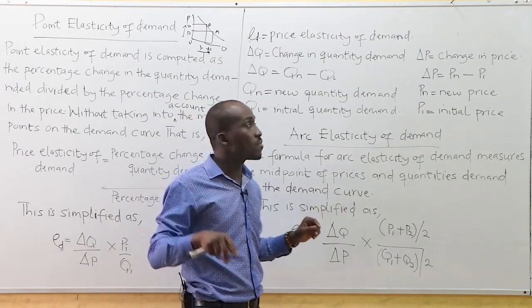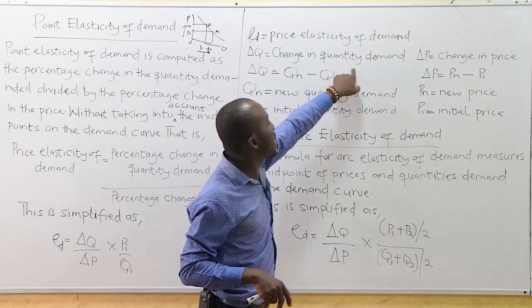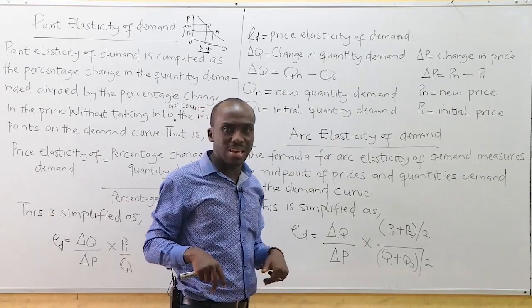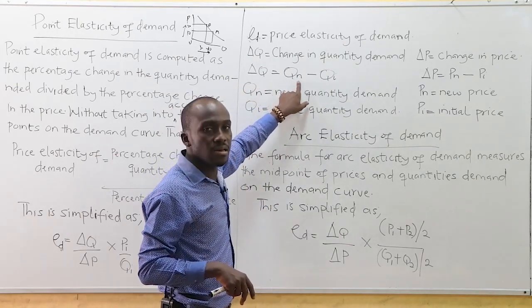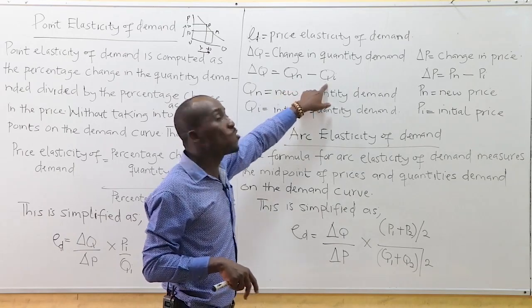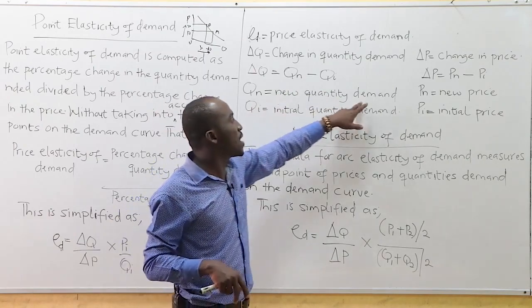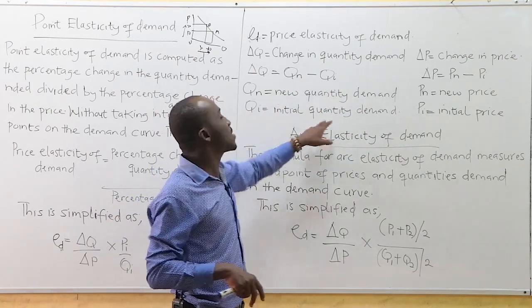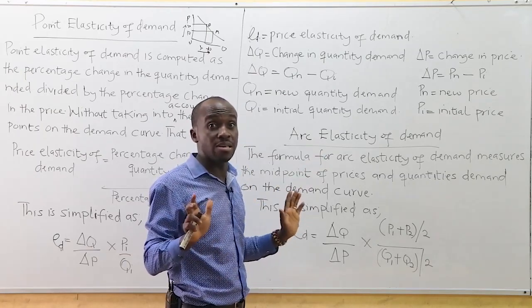Could be anything like that. So this change in quantity demand here, mathematically, can be written as change in Q is equal to Qn minus Qi. What is Qn? Qn is the new quantity demand. What is Qi? It is the initial quantity demand, right? We're going to use this to solve a question. It's not difficult. It's very, very easy, right?